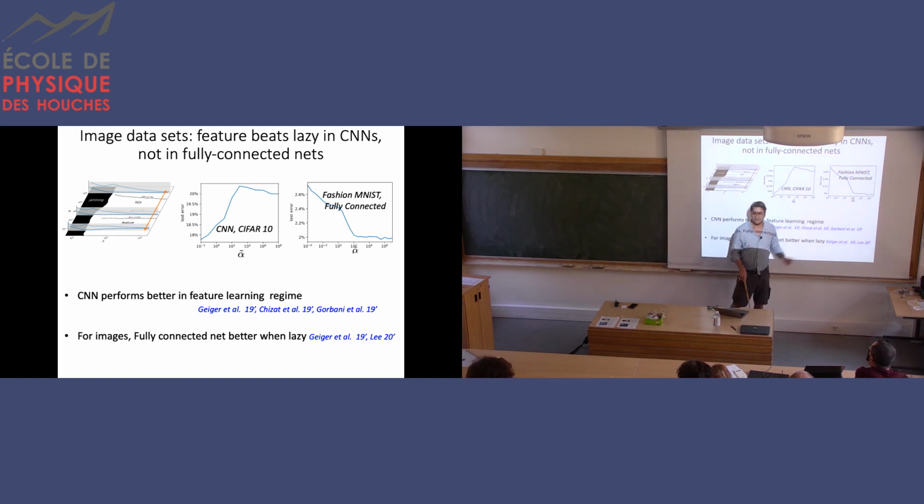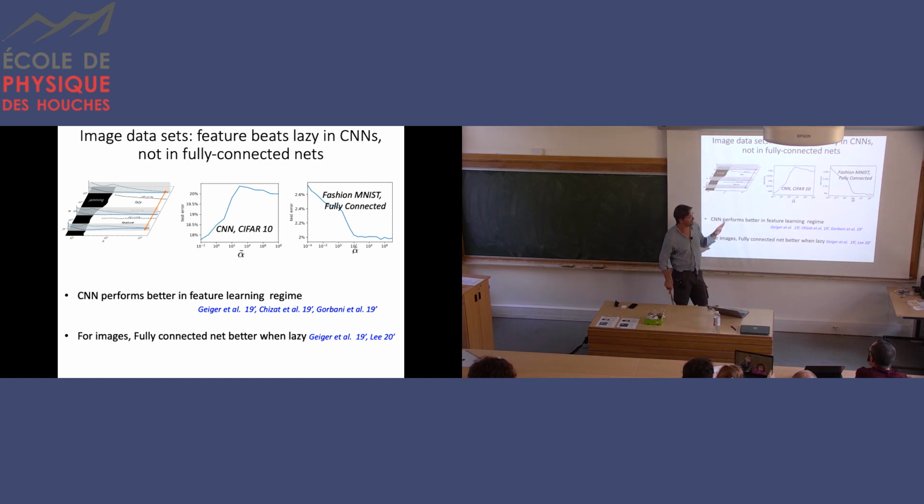But what we found, and that's for gradient descent, if you start to play with SGD, sometimes those results change, but for gradient descent, when we looked at image datasets, and again, the team at Google confirmed that, what we find is the opposite. We looked at Fashion MNIST, CIFAR-10, things like that. What we found is that it's better not to learn features.